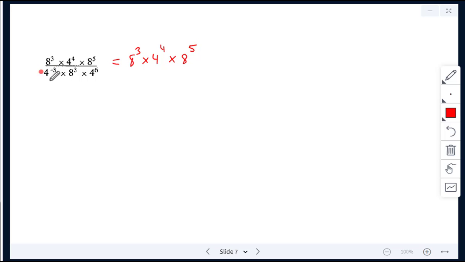And then we can write the reciprocal of all of these. So it's 4 to the power of negative 3. So we can make that times 4 to the power of 3, times, here we have 8 to the power of 3. So we'll make that times 8 to the power of negative 3. And then we have times 4 to the power of 6. So we'll make that times 4 to the power of negative 6. So this is that method where you take the reciprocal and then you can multiply.